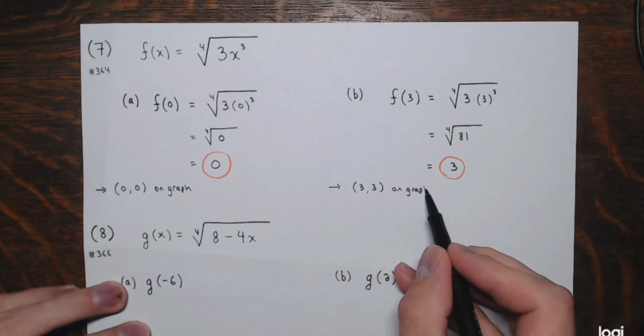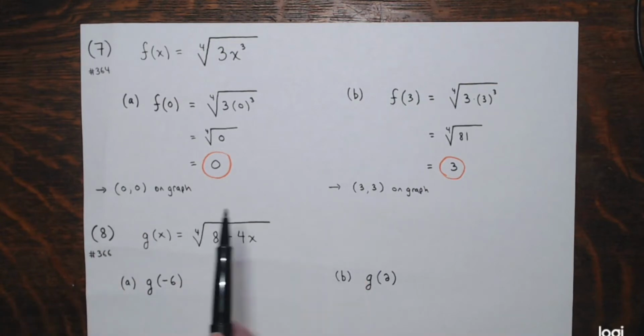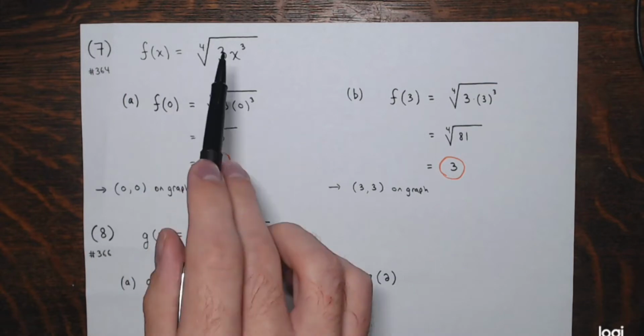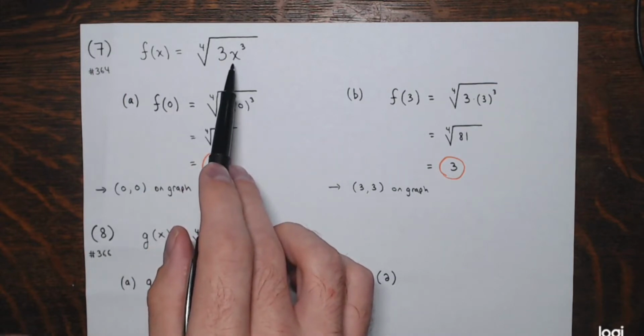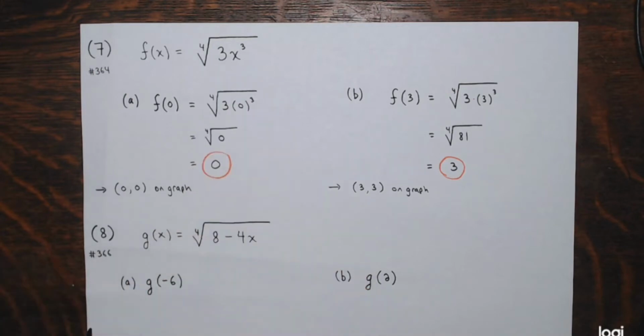Now, please understand, these are only 2 ordered pairs we found. The input's not always going to be the same as the output. If I put in 1, the output would be the fourth root of 3. The output would not be 1.